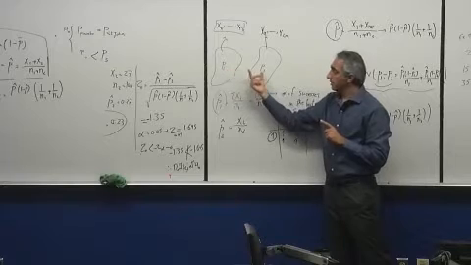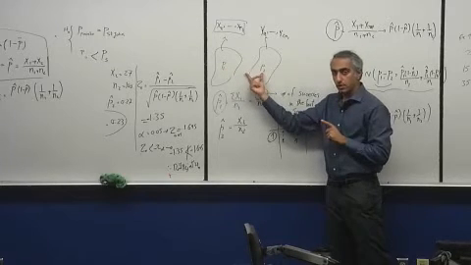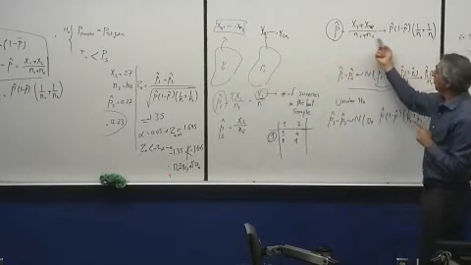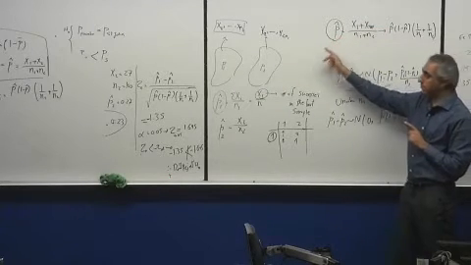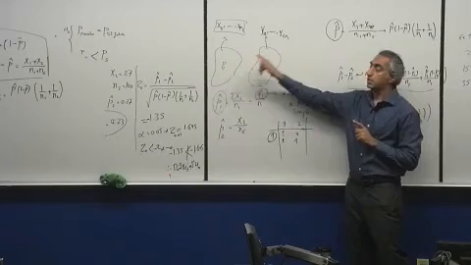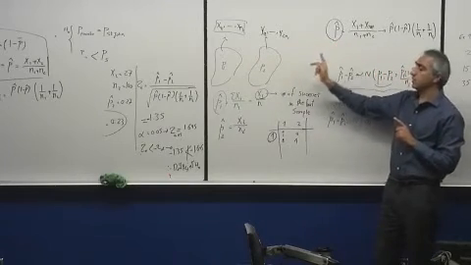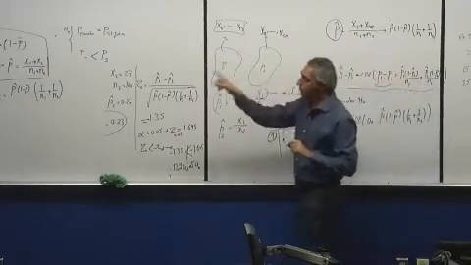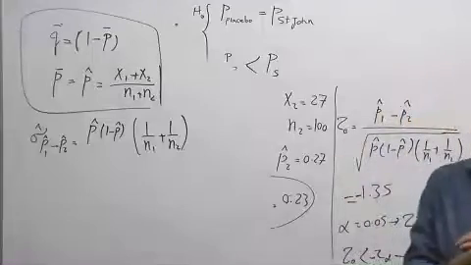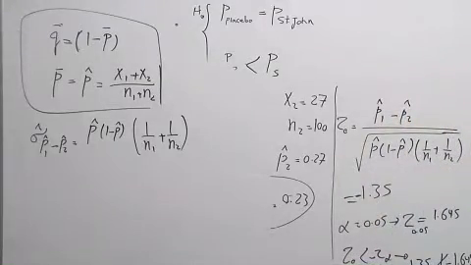Under H null, P1 and P2 are the same, so we combine the samples to estimate P hat. Because both of them are the same, this P hat is the probability of success for both populations. And Q bar is 1 minus that P hat, which is the probability of failure, as you mentioned. Any other questions? We good?